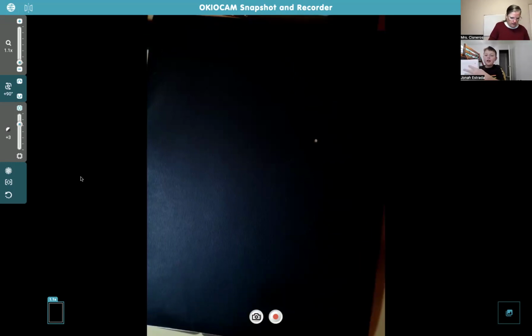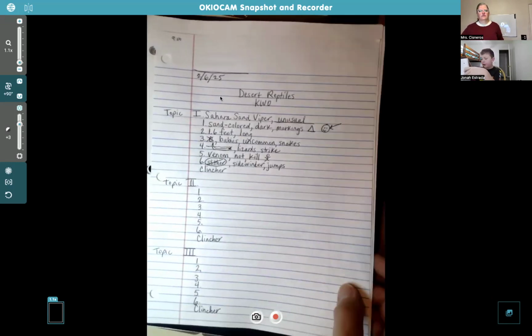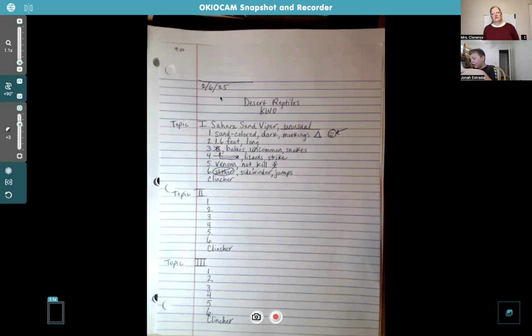It's called the Odd Sand Viper. The odd sand viper is sand-colored with dark markings, and its head is triangle-shaped. It goes up to 1 to 6 feet long.